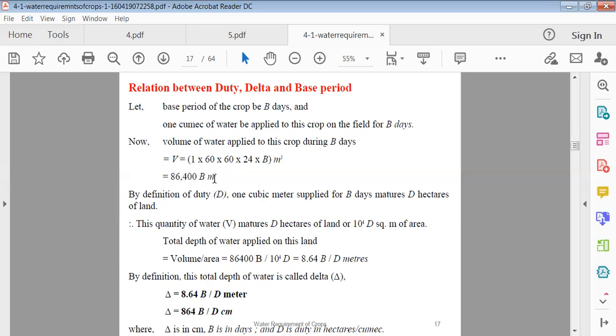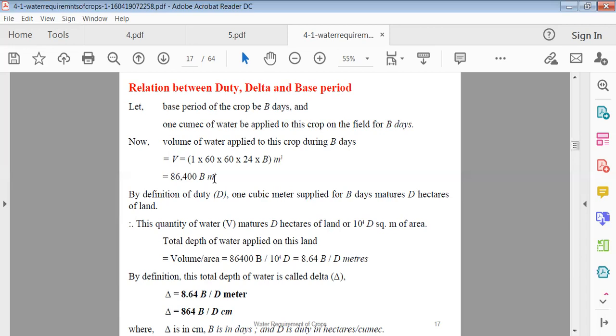So the definition of duty is: 1 cubic meter supplied for B days matures D hectares of land. Now you can see here, 1 cubic meter of water is supplied for B days, meaning throughout the days, for D hectares.